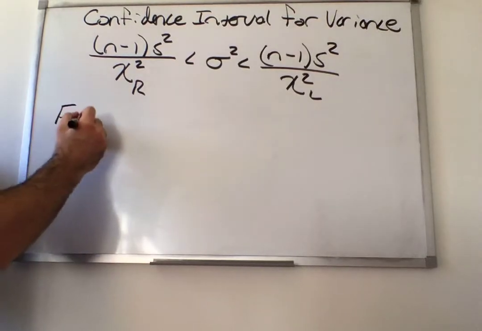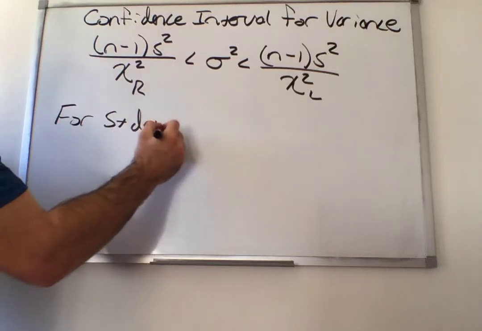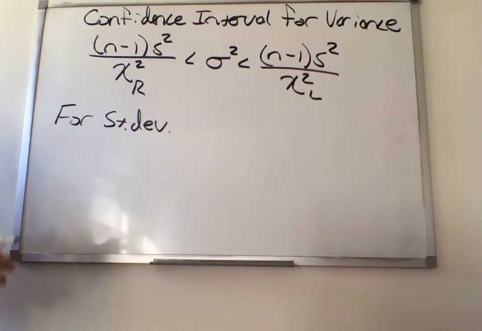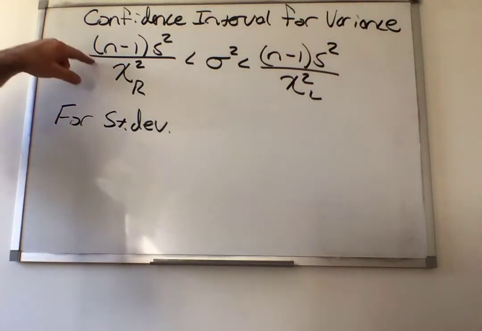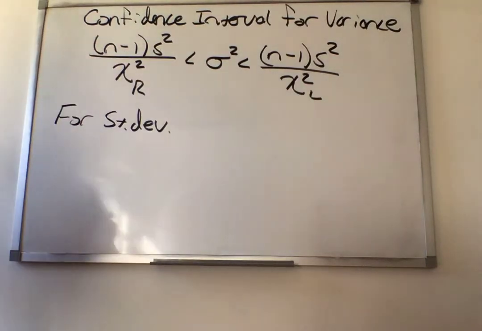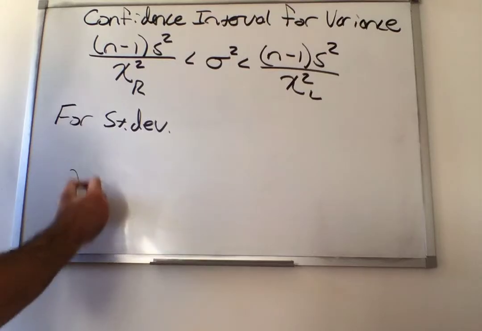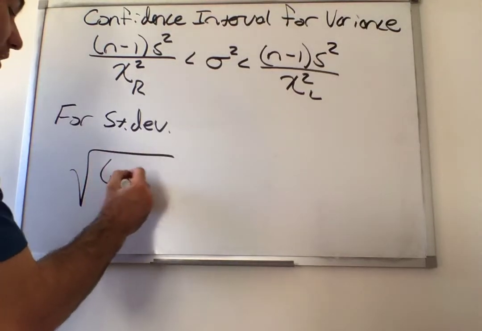Now, for standard deviation, again, we're going to do all the work to find the confidence interval for the variance, and then if you just want the standard deviation, you just square root your answers.